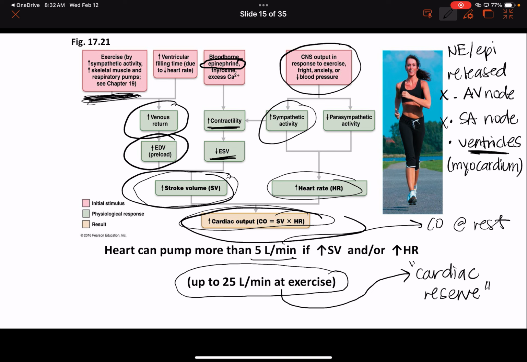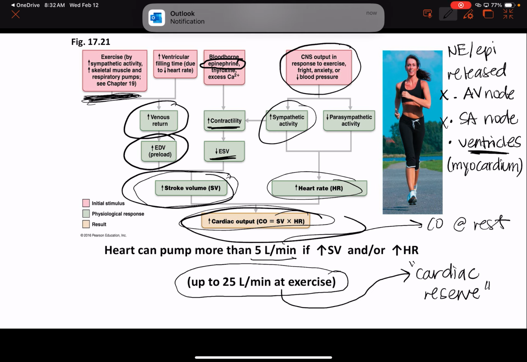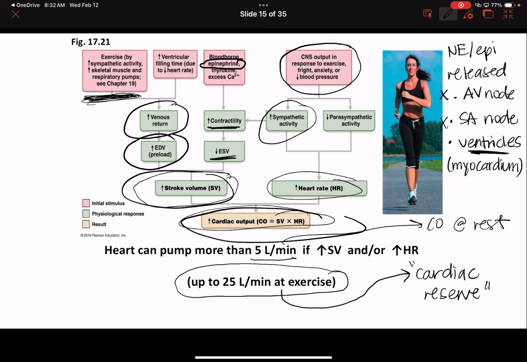It's like if my 10-year-old were trying to push up against the ketchup bottle, she could get out a whole lot less than I could if I were to bang on it, because I'm stronger. So the more forcefully that you contract, the less blood that's left in the ventricles. So by doing that during fight or flight, you increase contractility, you have less of an ESV, you have less blood left over.